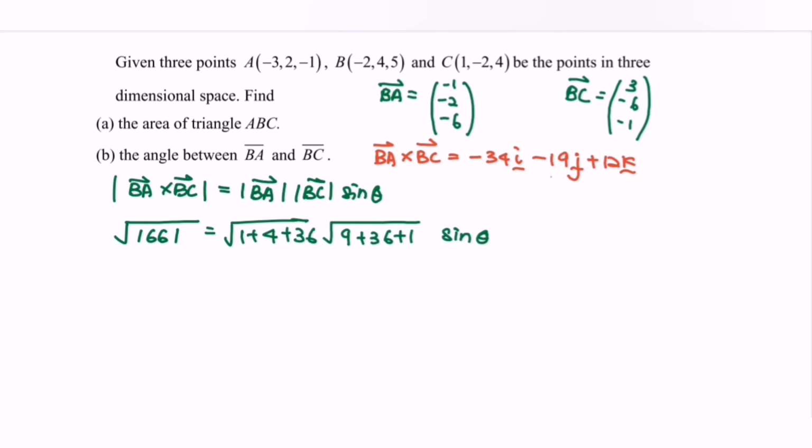So simplifying, sine theta is equal to the square root of 1661 over the square root of 41 multiplied with the square root of 46. So theta will be equal to 69.79 degrees. So that will be the angle between the vector BA and BC.